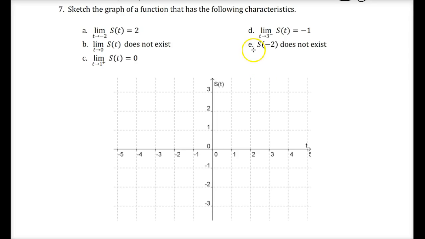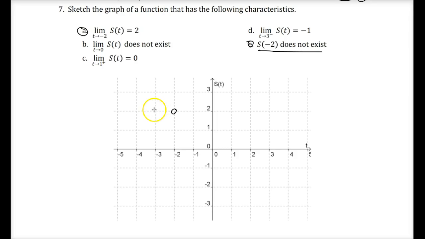Now, if you notice here for E, this says that s of -2 does not exist. So with A and E together, what they're trying to communicate to you is that your function actually has a hole at the point (-2, 2). Or put another way, when t is equal to -2, we know that y would be equal to 2 if the function was defined, but this will have to have a hole right there, okay?